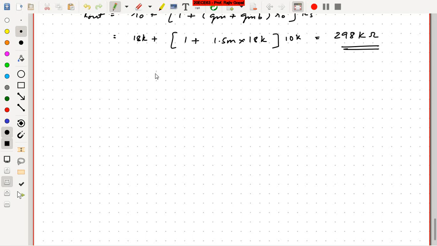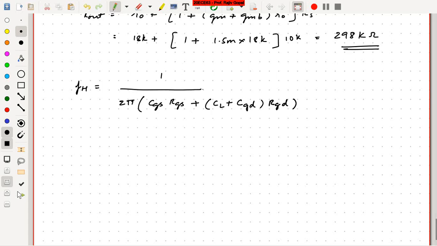Now you have to find FH. Okay, and remember the formula for FH is 1 by 2 pi into CGS RGS plus CL plus CGD into RGD, where RGS is RS parallel Rn.